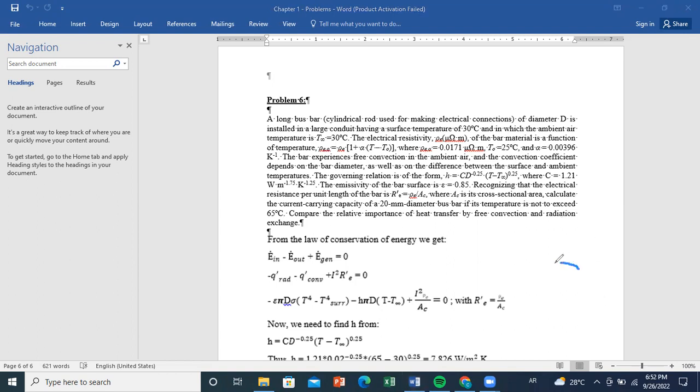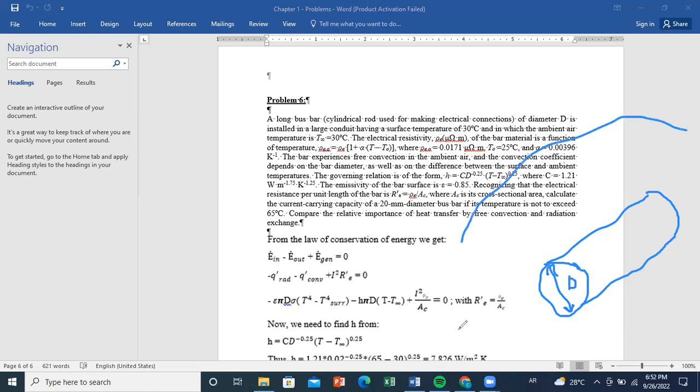we have a cylindrical rod characterized by a certain diameter d. And it is installed in a large conduit having a surface temperature of T infinity. So you can simulate this system as an infinite surface.